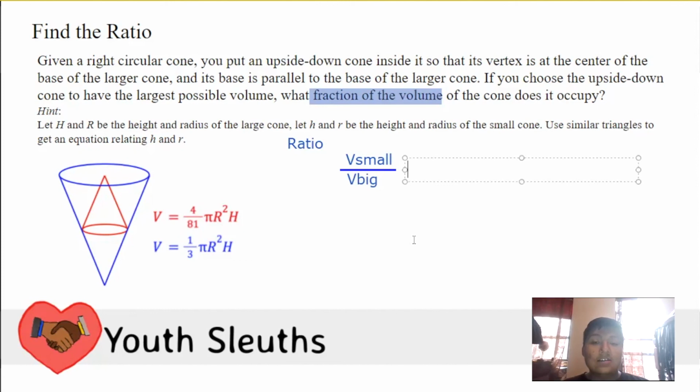Now, thankfully, through all the work that we found, we already know the volume of the small cone. It's the red one to this side right here. And we also know the volume of the big one. It would be the standard volume for a cone. So knowing that, we could find our answer.